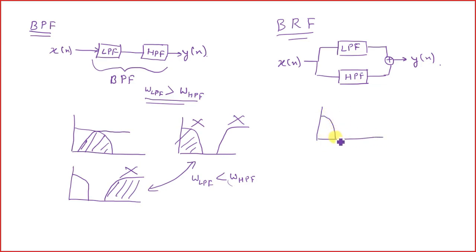You are having the low pass filter separately, you are having the high pass filter separately, you add them up, you get both the things, right? So this is how you can design band pass filter and band reject filter using individual low pass and high pass components. But while designing this, you have to keep this criteria in mind. Okay? Any questions?